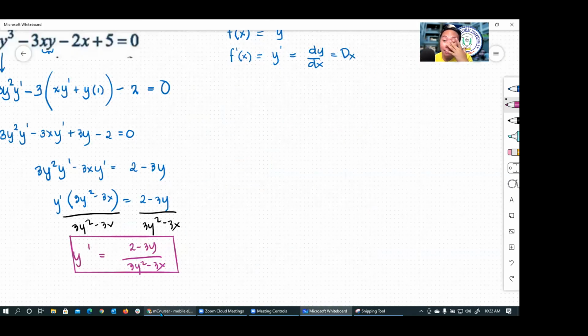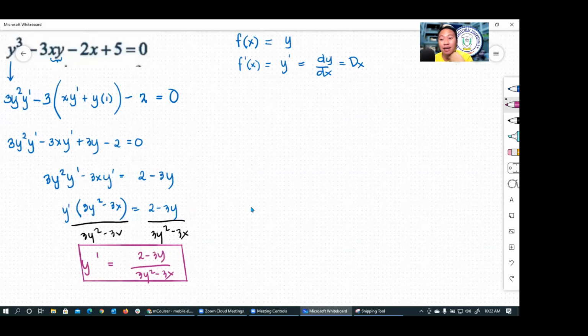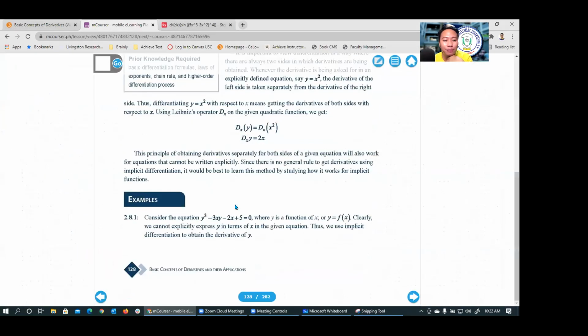And then by the end of this week, guys, I'll upload more examples of how to get the derivative implicitly, as well as the chain rule of derivatives. I'll pick 5 examples from the book and explain them in a video recording, and then I'll upload it as additional learning items in your Shello accounts, and you can refer to them.